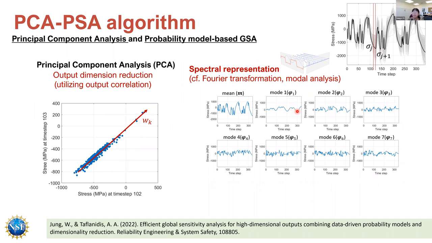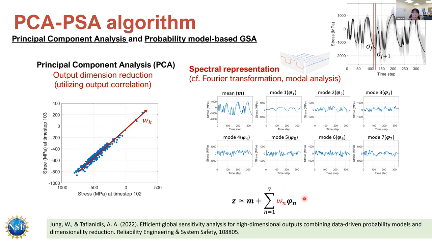In this example, by having these 7 basis functions, we can almost fully reconstruct the original time history of stress. So here it says that our original stress values, which have dimension 342, are a linear combination of the mean time history and some linear combination of basis functions.